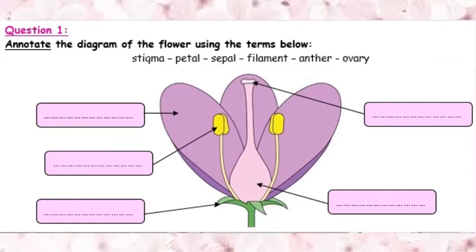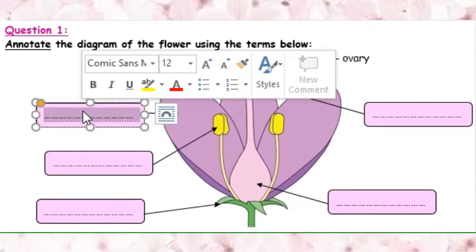So first we're going to start with question number 1. In this question we have a diagram of a flower, the drawing of the flower. This drawing is showing the different parts of a flower, and we have special terms to use in order to annotate this diagram. I'm going to start with this.